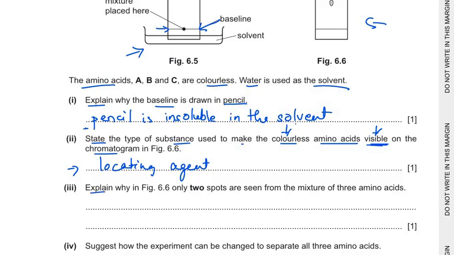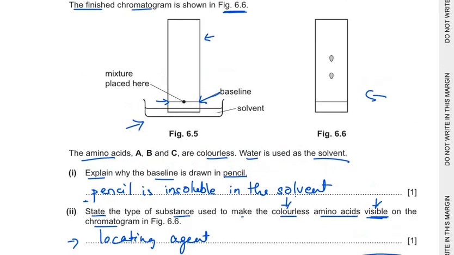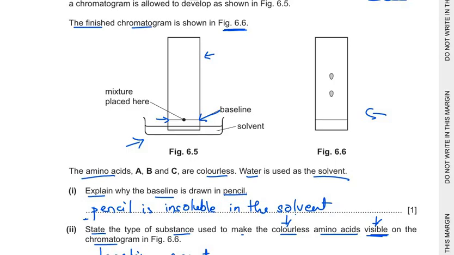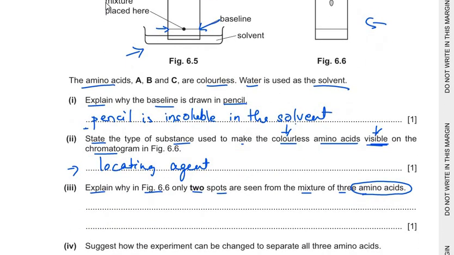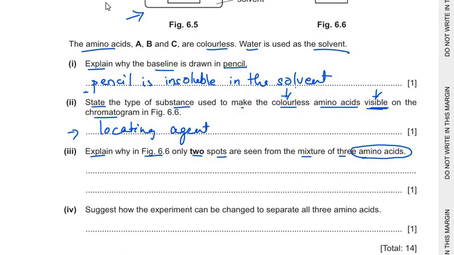Now explain why, in figure 6.6, only 2 spots are seen in the mixture of the 3 amino acids. Here in the paper diagram, we can see that there are only 2 spots and not 3, while the amino acids present were 3. That shows that 2 of the amino acids should have a similar RF value.